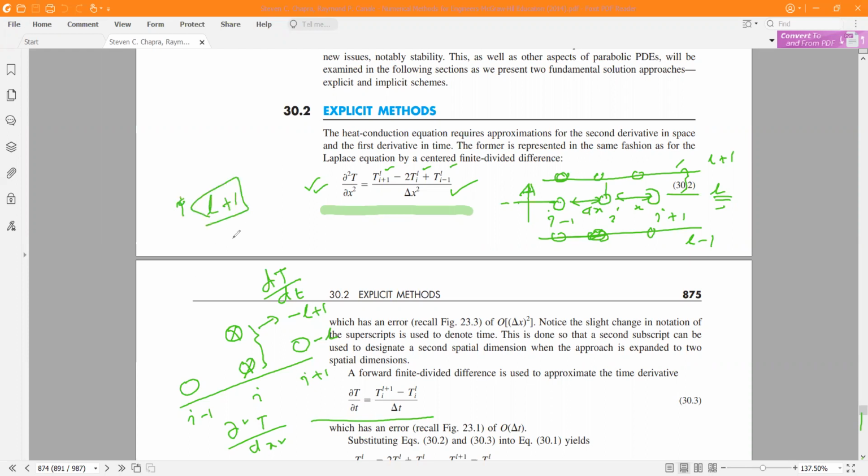So we have to calculate T(I, L+1). This is the value of T at a space point I for the next time step L plus 1. Or if we want to keep our time constant and space variable, then our solution would be equal to T(I+1, L).